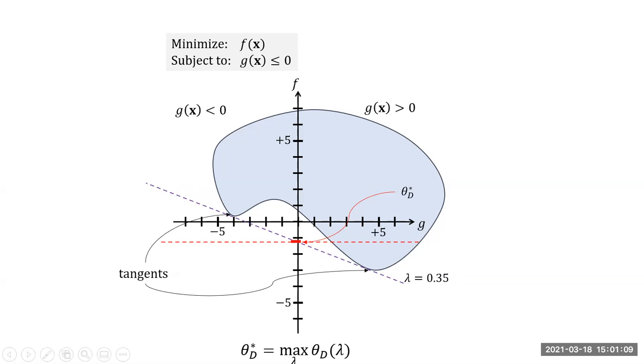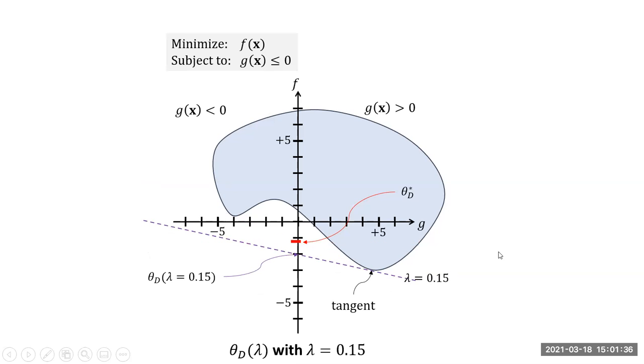What would happen then? It's going to cross into the infeasible region. The straight line for lambda equals 0.25 would not be tangential here. It'll be tangential somewhere here, right?